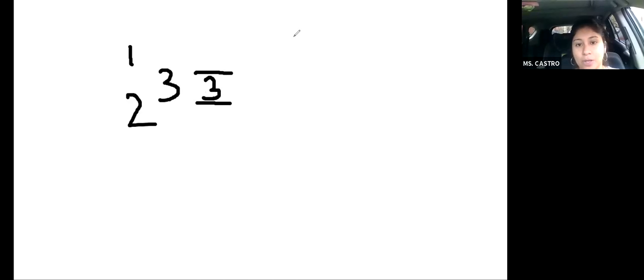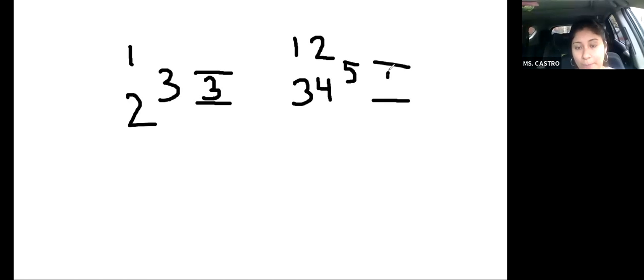And then the mice. 1, 2, 3, 4, 5. I counted and labeled 5 mice. So on the line, I'm going to write the number 5.